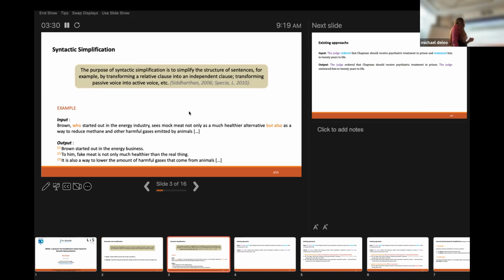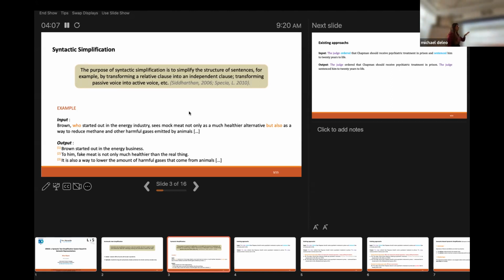So syntactic simplification is the task of simplifying the structure of sentences, like, for example, transforming the passive voice into active voice, or splitting sentences with coordination and subordination. So here we have an example. In the input, we have a long sentence with two structural complexities: a relative clause and a correlative clause.